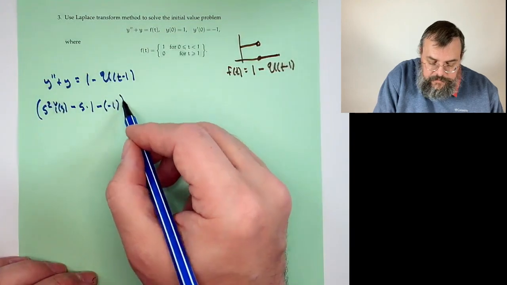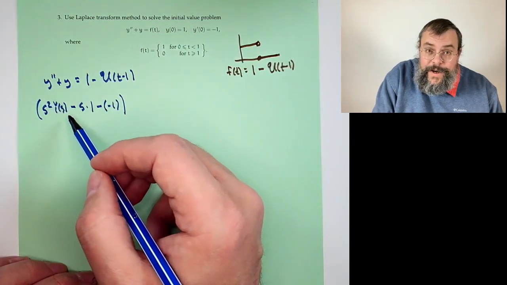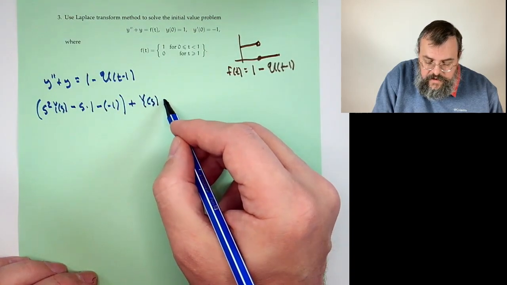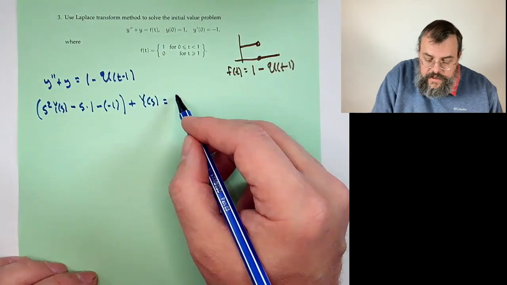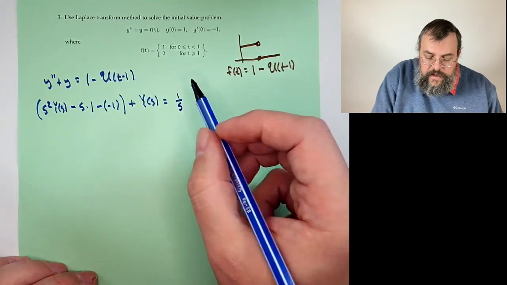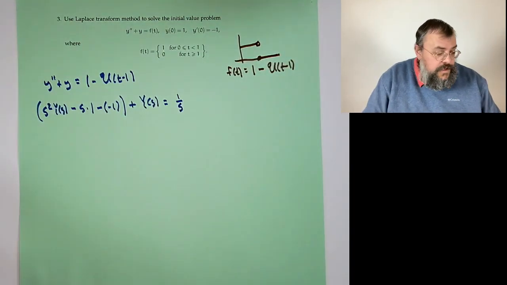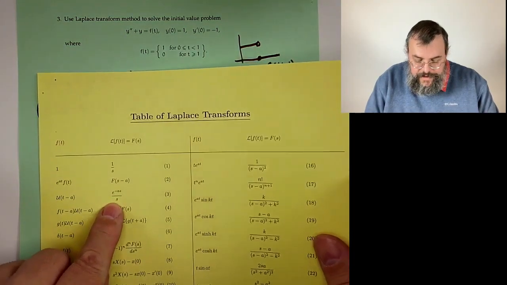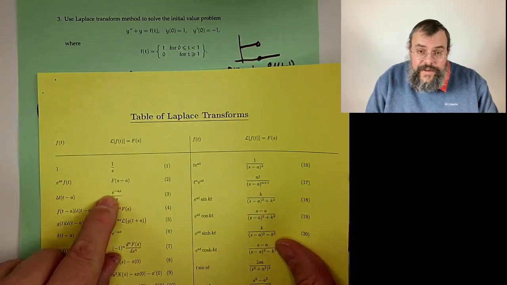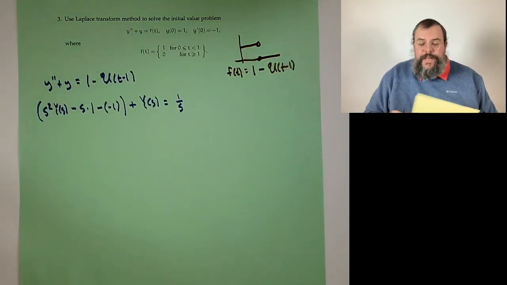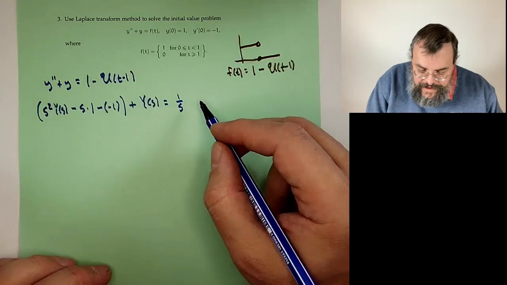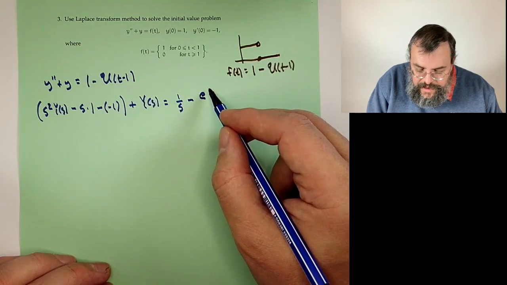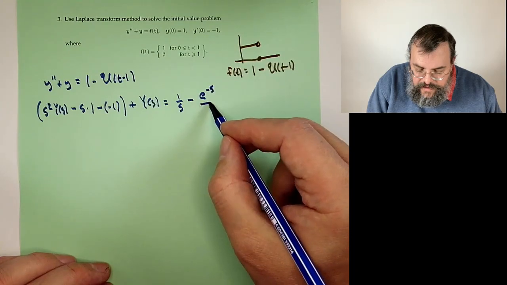The transform of y is Y of s. The transform of 1 is 1 over s. And the transform of the unit step function, t minus 1, that is on our sheet. It would become e to the minus s over s. Whenever we see an exponential inside there, we think some on-off switch occurred. So e to the minus s over s.